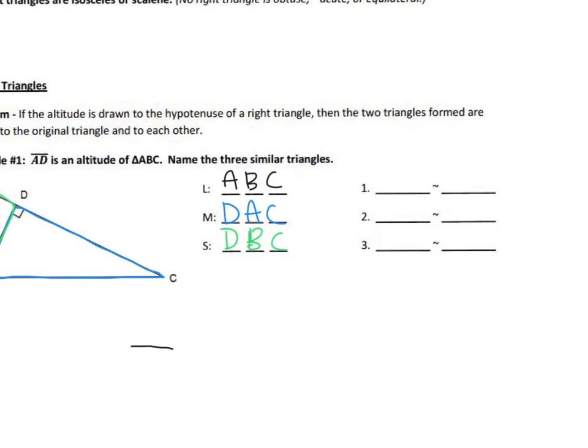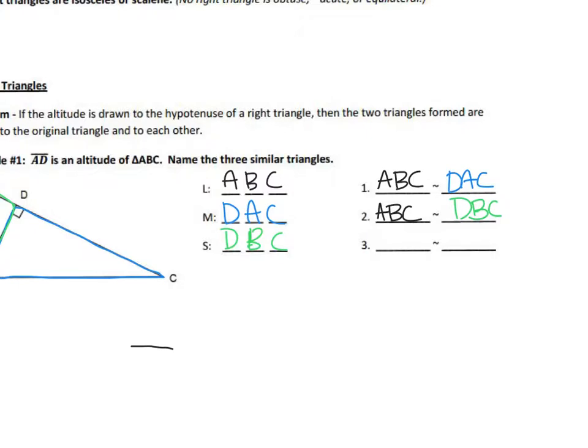Now we can write similarity statements for the similar triangles. So the first thing is we know that the smaller triangles are similar to our original triangle. So we know that triangle ABC is similar to triangle DAC. And then we can also say triangle ABC is similar to triangle DBC. Okay. We also know that the two triangles formed are similar to each other.